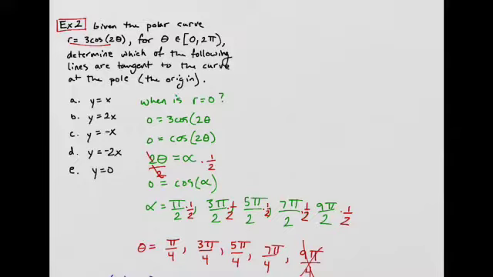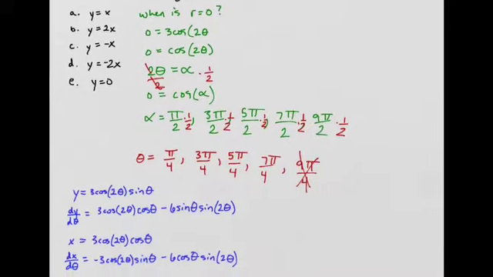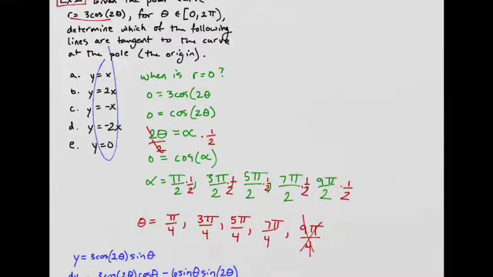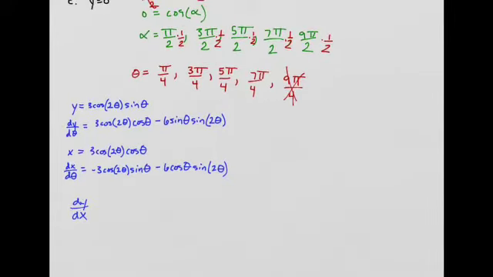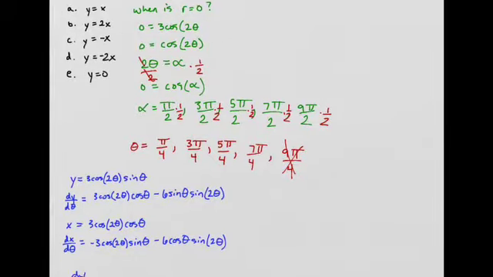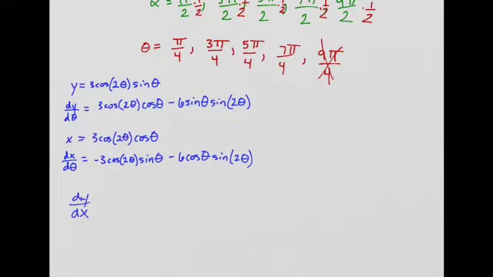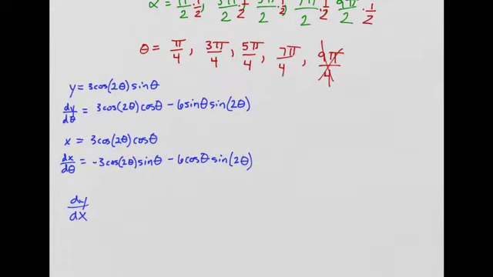Then I'm figuring out the slope at those theta values. So figure out where r is 0. Okay, great, did that. Now I need to figure out the slope at these theta values and then compare it to these slopes. And I'm going to actually let you do that because I feel like it'd be better if you're doing that. You actually get a +1 for some of these slopes and a -1 for some of these slopes.